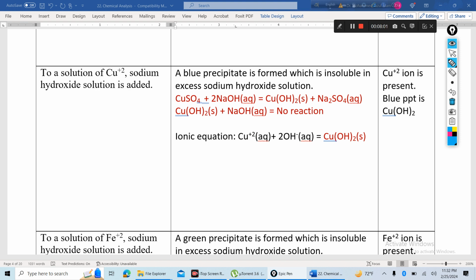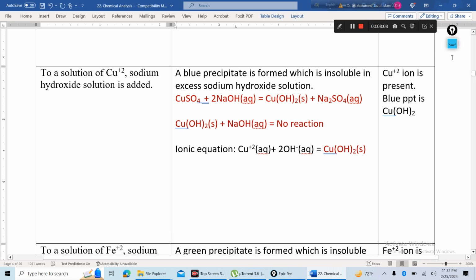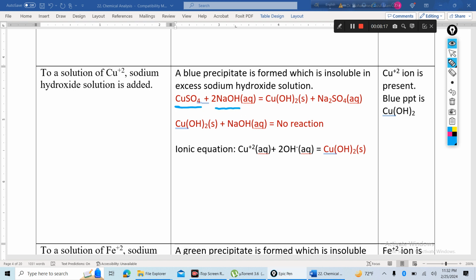Copper 2 sulfate aqueous plus sodium hydroxide forms copper 2 hydroxide solid. This is the blue precipitate. Then sodium takes sulfate, sodium sulfate aqueous.